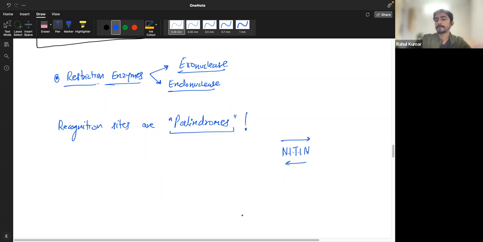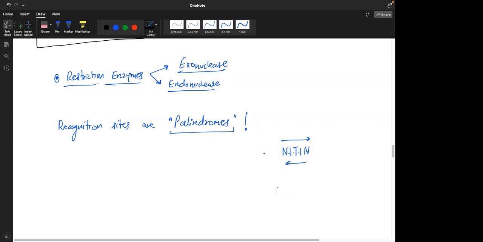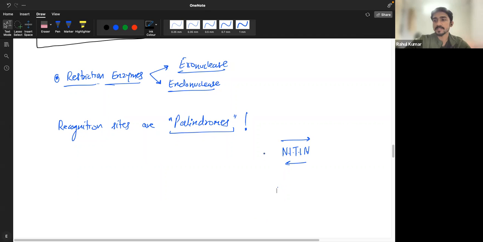Do you understand? So if a sequence is palindromic, it does not matter where you read it from, it will read the same. That's how endonucleases, when they recognize their sequences, work all the time.